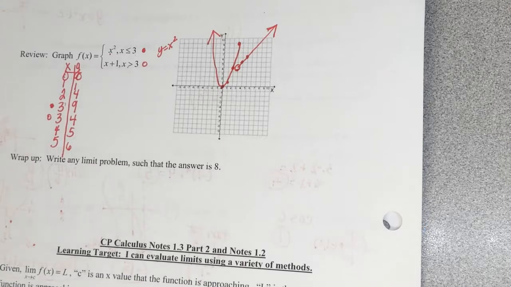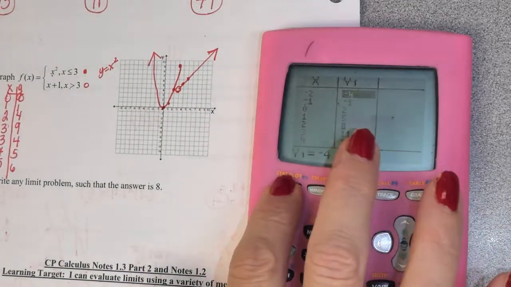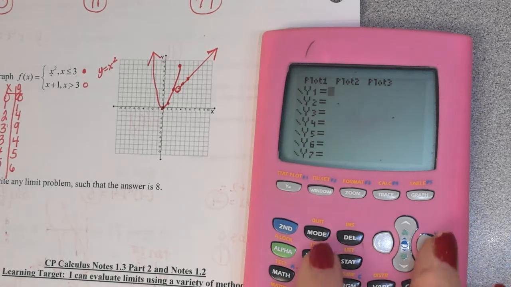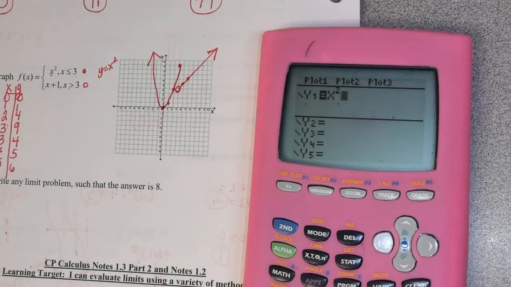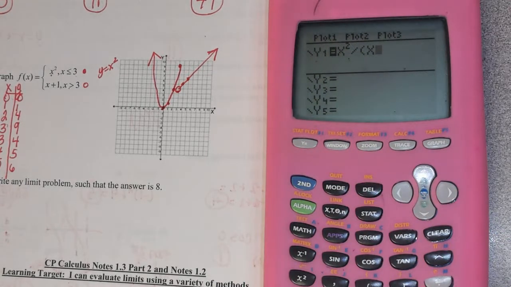Now, maybe you're not sure about that. Well, let me remind you of how we can check it on the calculator. Go to y equals. We're going to do y equals x squared. But I have to divide it up. It's not like I'm truly dividing, it's that I'm dividing up the function. So I'm dividing it up so that x, do you remember where less than is located?